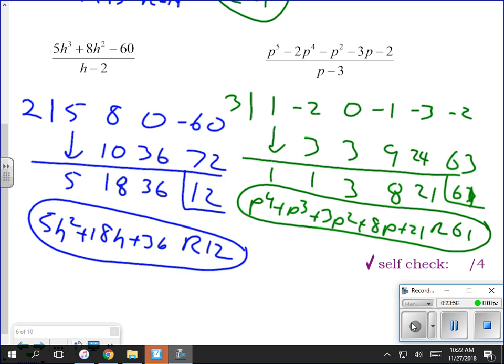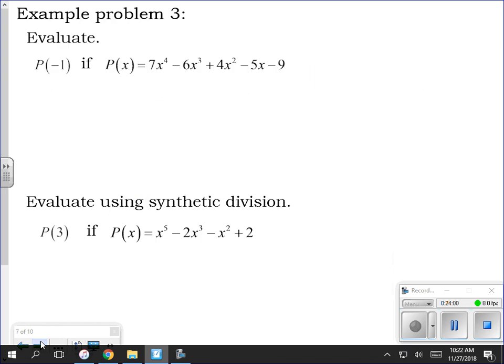Okay. Now, synthetic division is nice also because we can kind of cheat and use it for evaluation purposes, kind of. Okay? So, if I want to evaluate a polynomial, I want to know what p of negative 1 is if p of x is 7x to the 4th minus 6x cubed plus 4x squared minus 5x minus 9. I want to evaluate it.